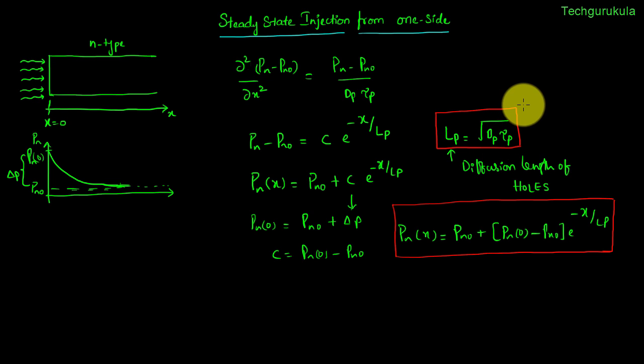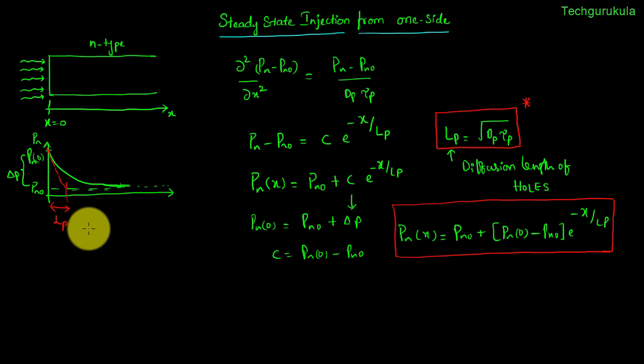So let us understand what this diffusion length means. From this function, if you take the differentiation at x equal to 0, we get a slope. Basically, differentiation gives us the slope. The slope is negative, and the point where this hits, that length is called the diffusion length.